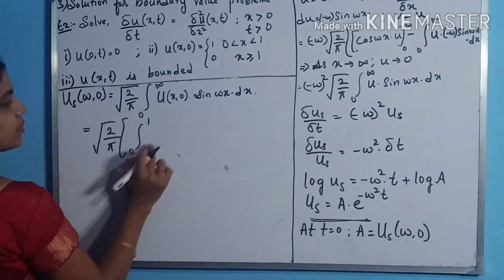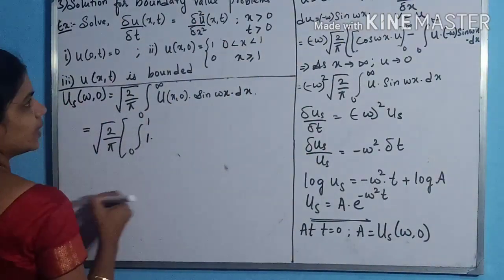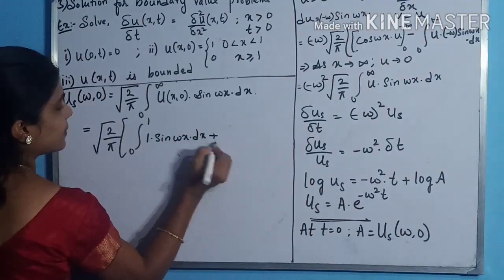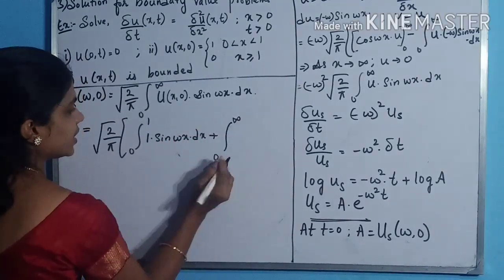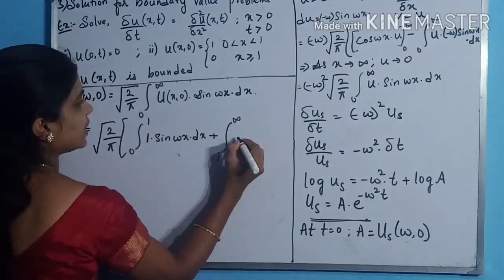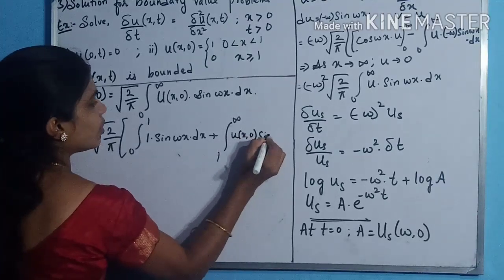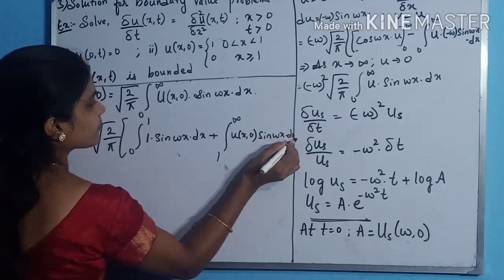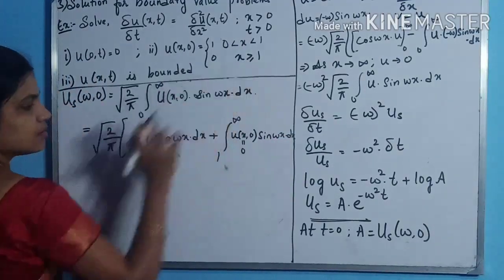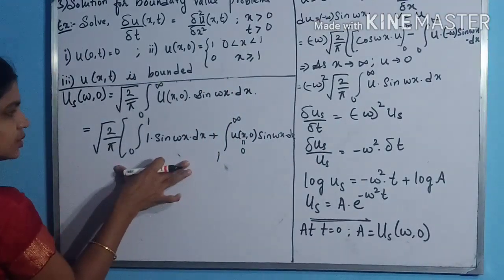When x is less than 1, that is between 0 to 1, I have u as 1 into sine omega x dx, plus the integral from 1 to infinity of u of x 0 sine omega x dx. So this is going to be equal to 0 according to this boundary condition. So this whole term is going to become equal to 0. So we are left with only this.